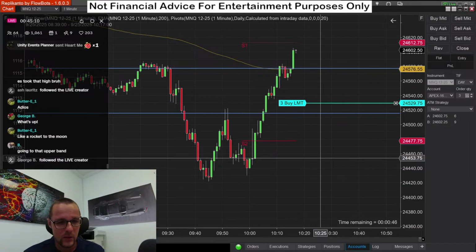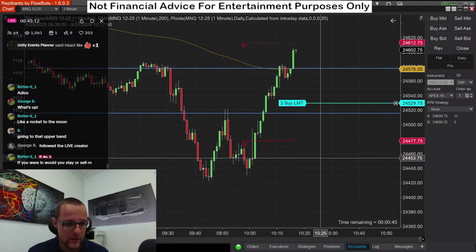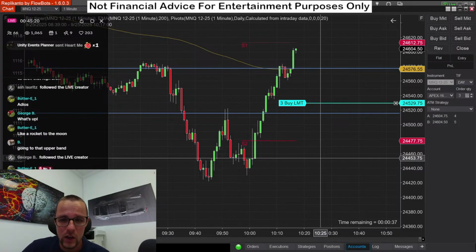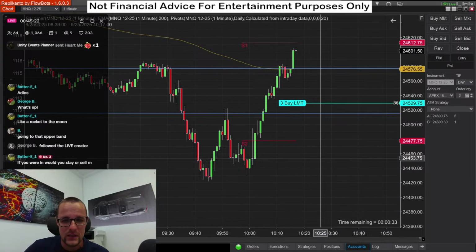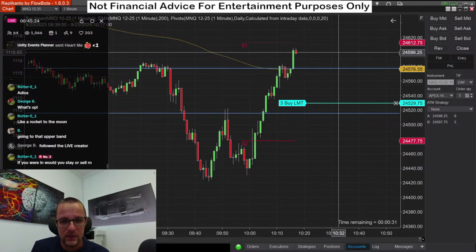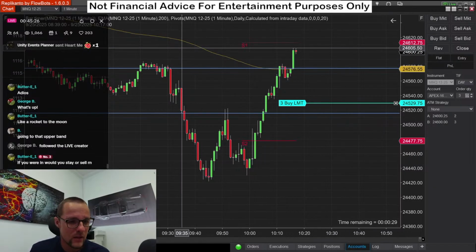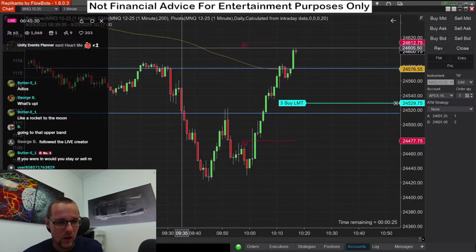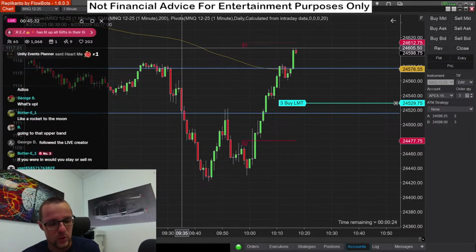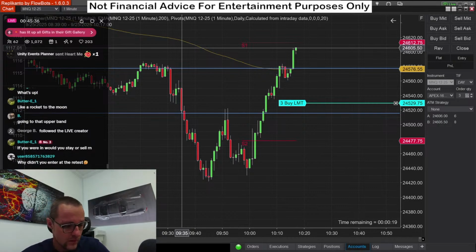I think I'm still gonna leave my order in. It's a little riskier of a trade now that it took out that high, because I was initially wanting my target to be up here, in this area as a TP. But now that price has pretty much gone to my TP, if it pulls back, it's gonna be a little riskier.